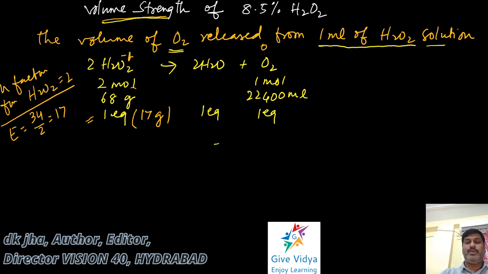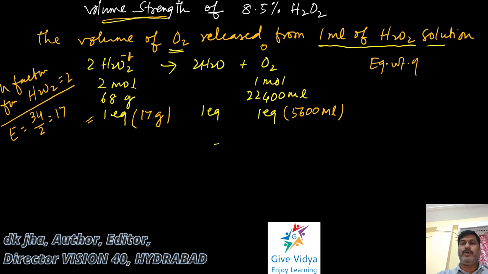And here as we have one equivalent of O2, in terms of volume, this one is 5600 ml. Equivalent weight of O2 is equal to 8 gram, and so you can say that 32 gram is equivalent to 22,400 ml.